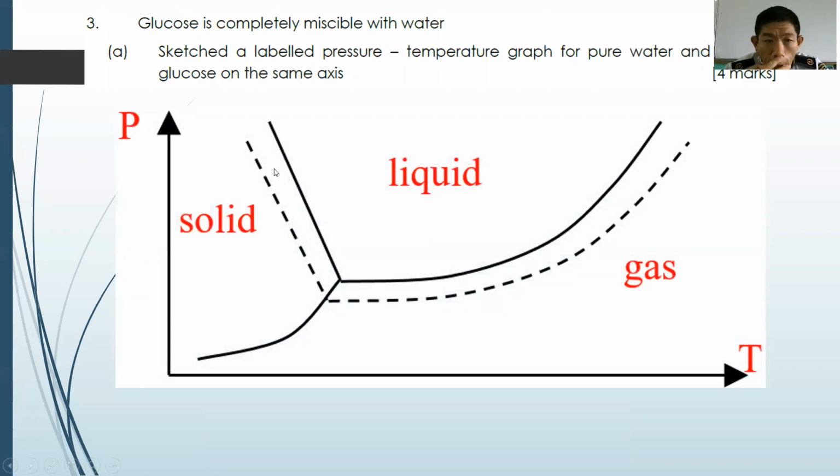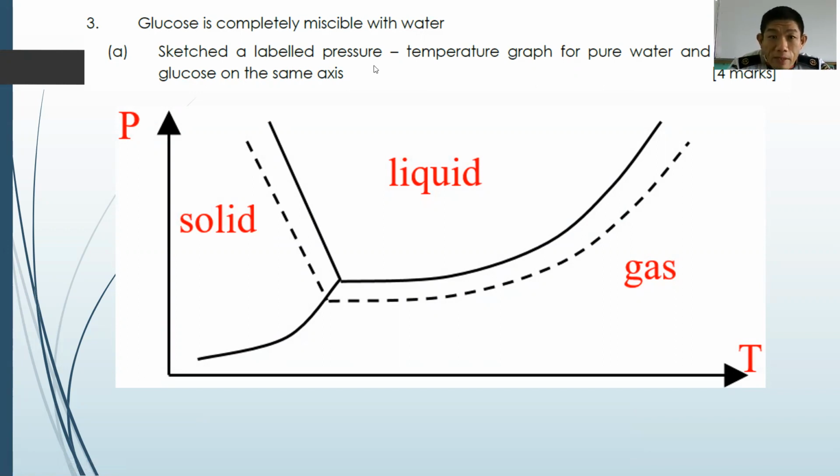So the solid line in here is representing water. You must draw the negative gradient in here, labelled as solid, liquid, gas. Okay, whereas the dotted line is aqueous glucose. So you have to label, of course. Inside my notes here, I didn't label, so I hope that's okay, I label for you.